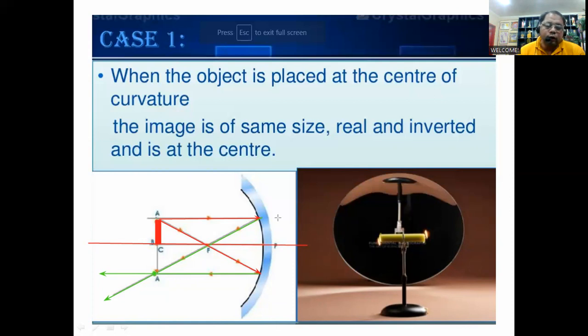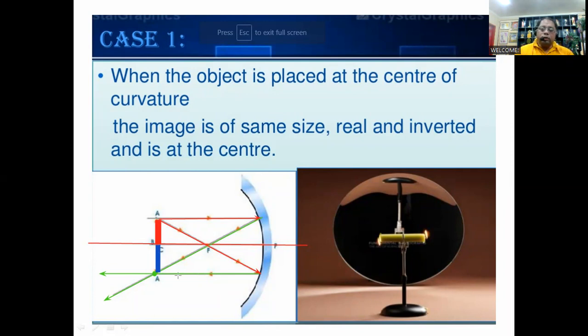So if you try to draw an image here, the image is inverted. If we put the head on the intersection of the green lines, we will have an image that is inverted, but it is still found at the center.